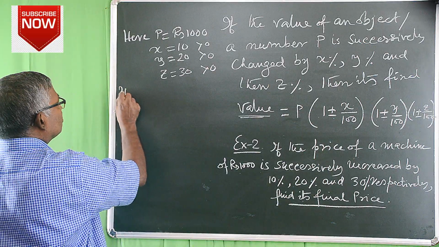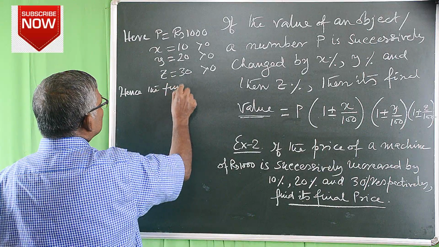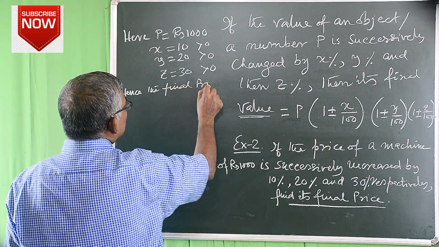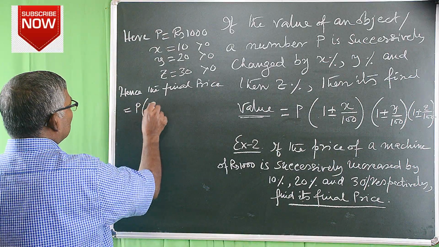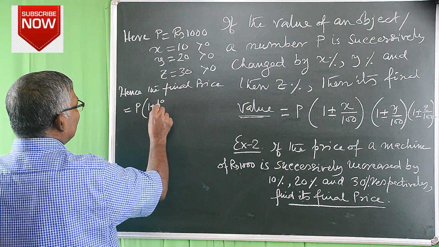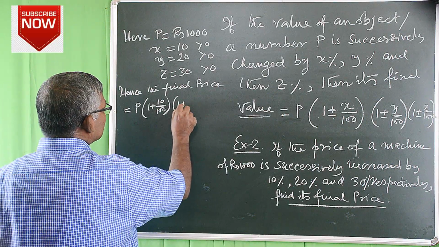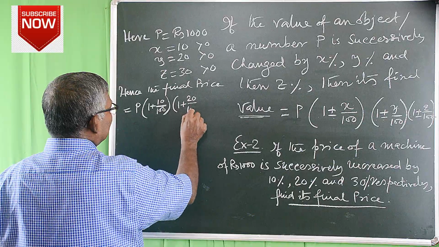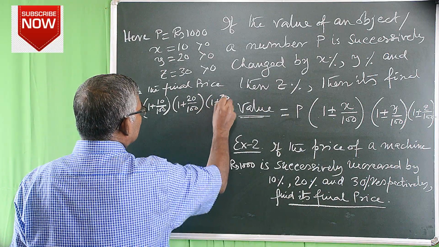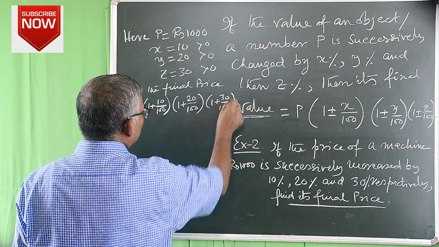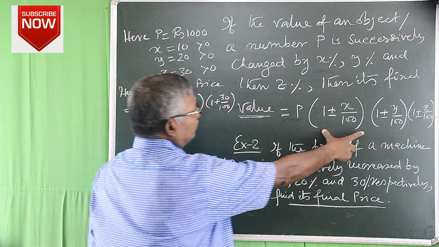Hence, the final price equal to p into 1 plus 10 by 100 into 1 plus 20 by 100 into 1 plus 30 by 100. Students, we are applying the formula.